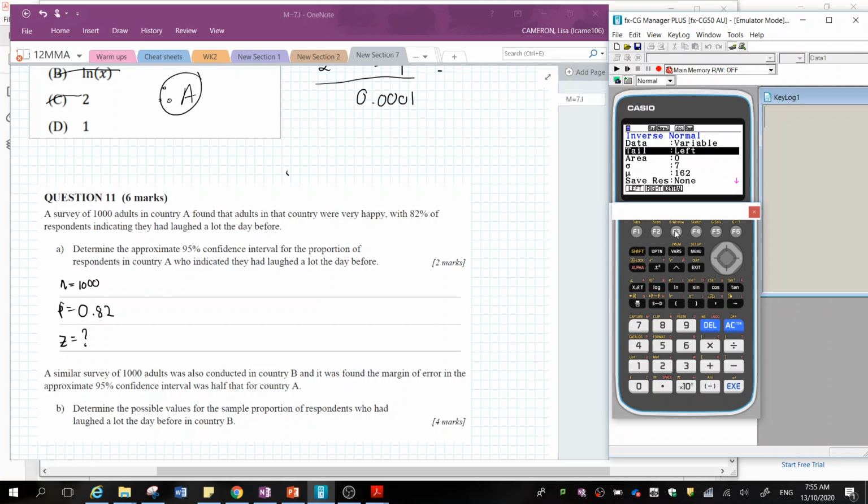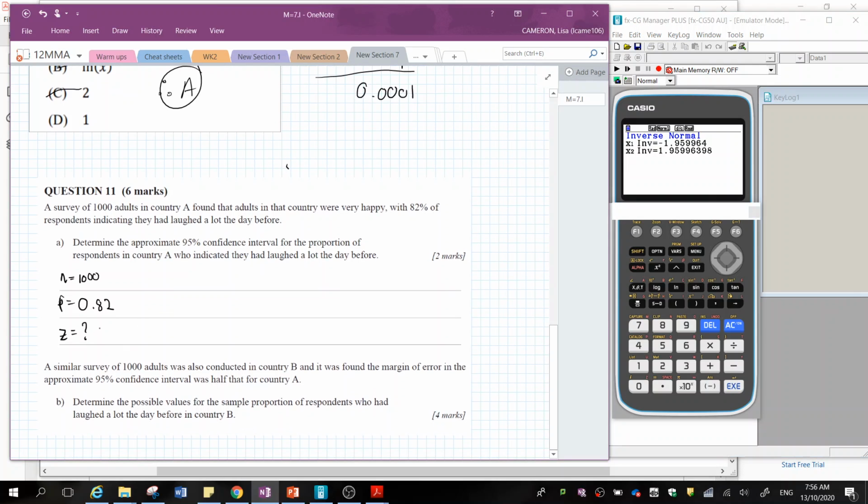We're going to use the central tail because the 95% confidence interval means that there's 0.025 on either side. Okay, area is going to be 0.95. Standard deviation is going to be 1 because it is normally distributed. Okay, and our mean is going to be 0. So here we can see that our z-score is going to be equal to 1.96.